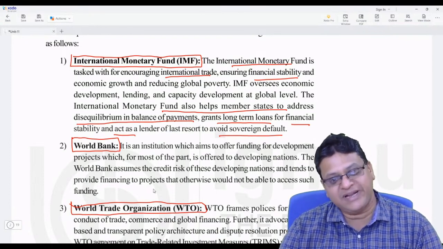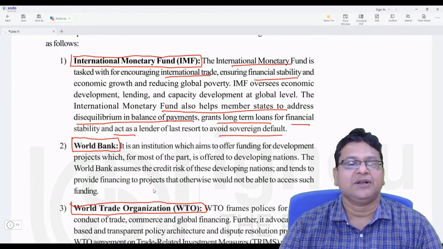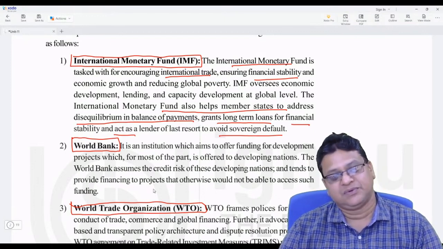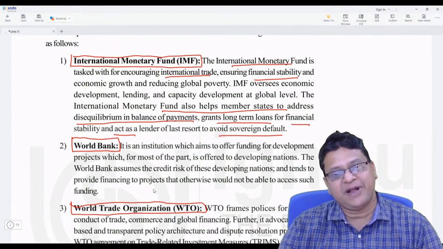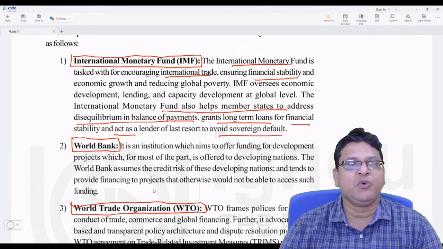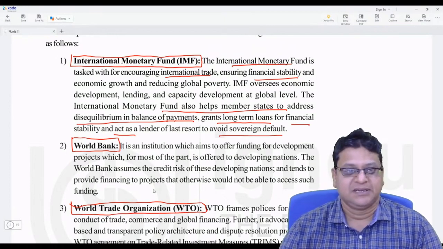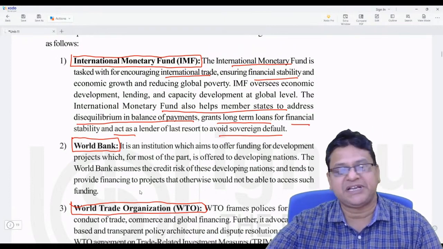So, in order to avoid a sovereign default crisis, IMF provides loans. The loans are provided only to member countries which are facing a BOP crisis, which are facing disequilibrium in their balance of payment statement. So, this is the International Monetary Fund.